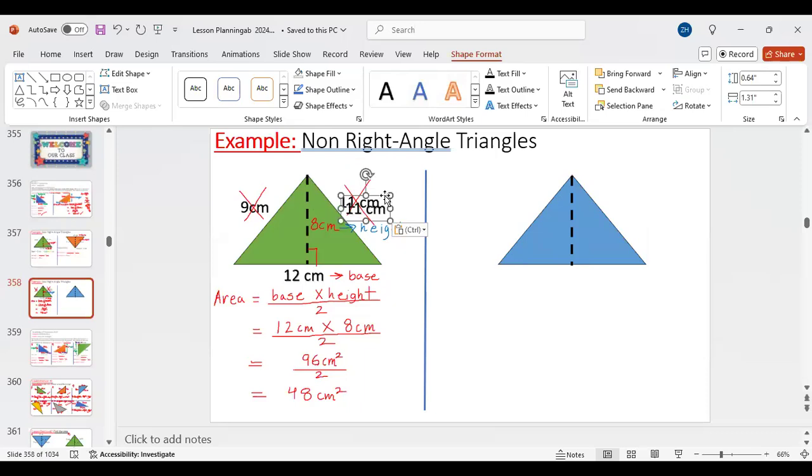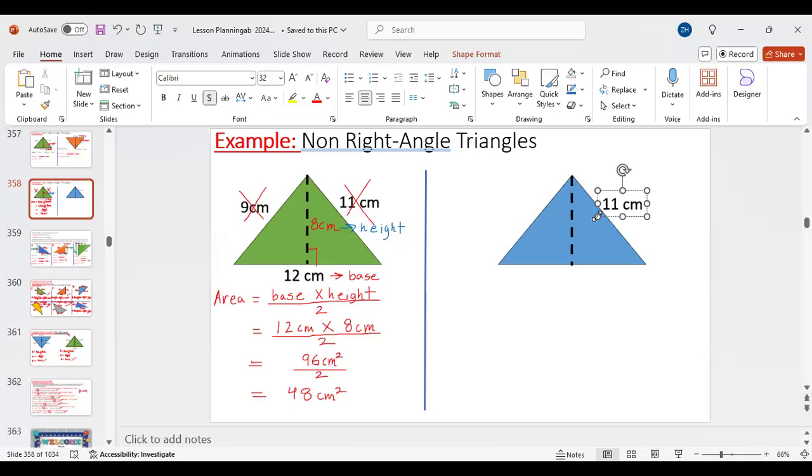All right. Okay, so let's do another one. It's not going to be 11. I'm going to change it. Let's say we have 12. Let's just call, let's say 14. Let's say this one side is 12.